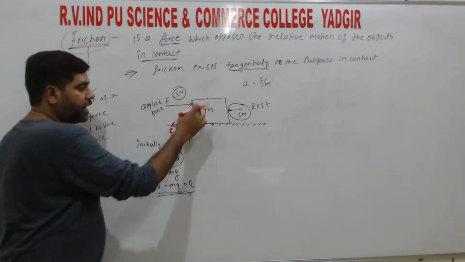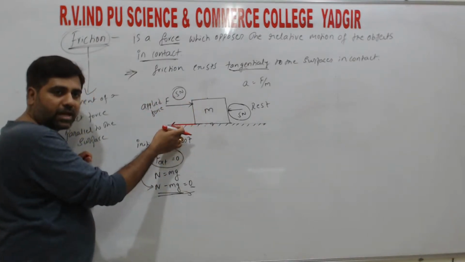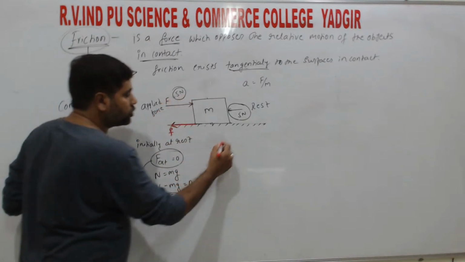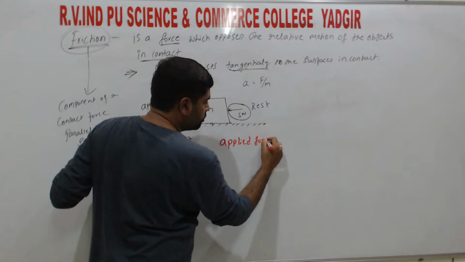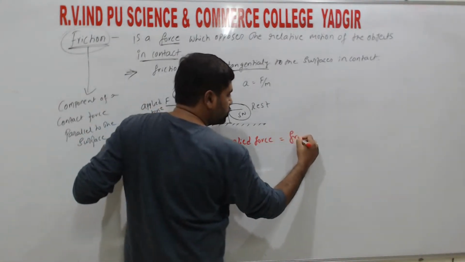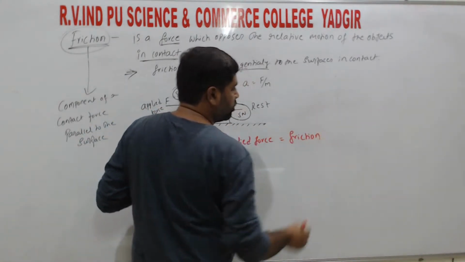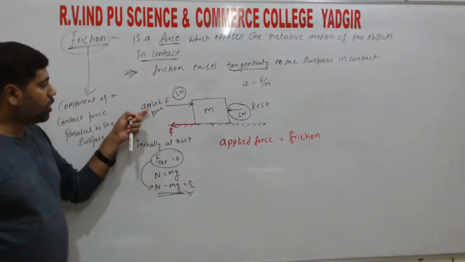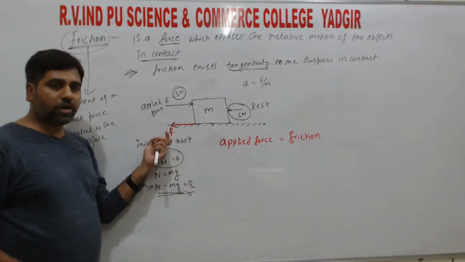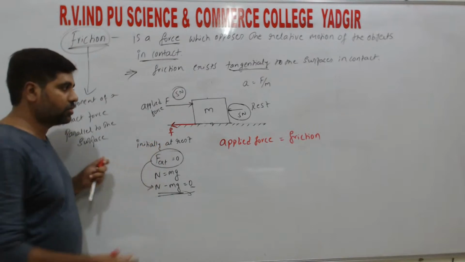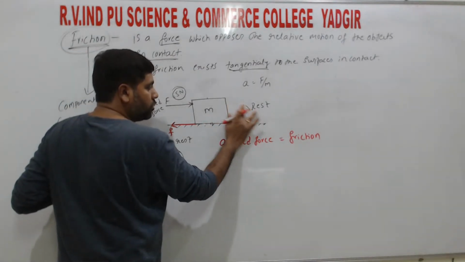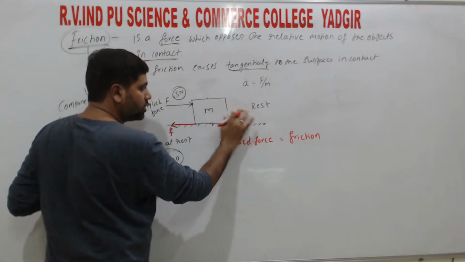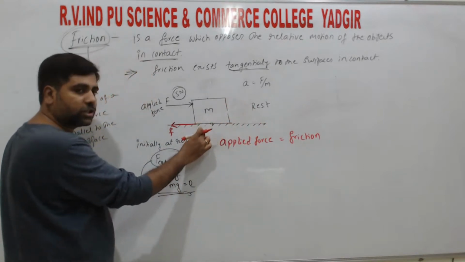The applied force is in this direction, and the friction acts in the opposite direction. So the applied force is equal to friction, right? Now if I apply 5 Newton, the friction is also 5 Newton, right? Friction is represented where two objects are in contact.